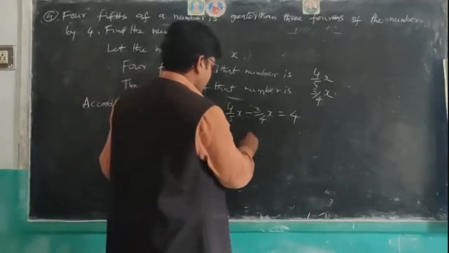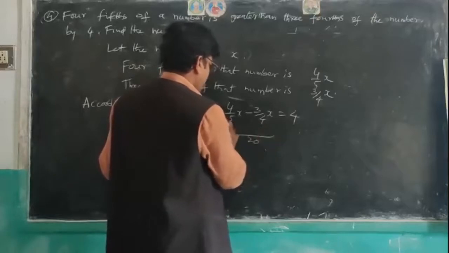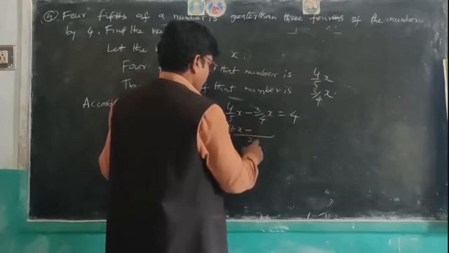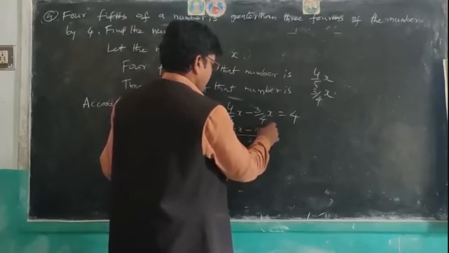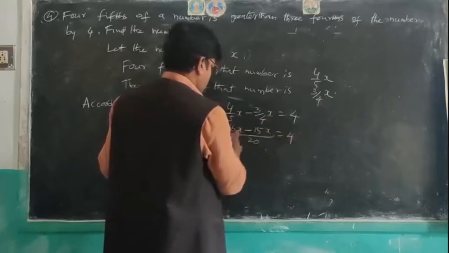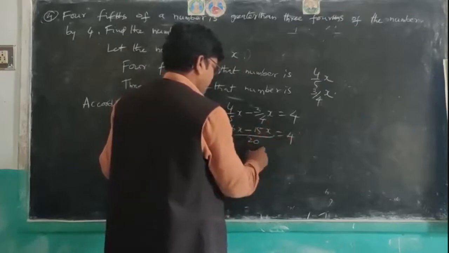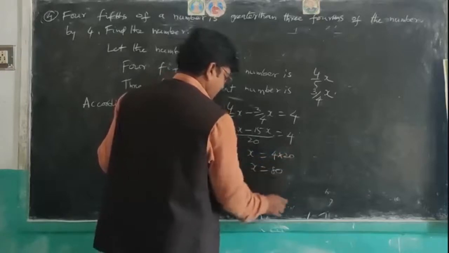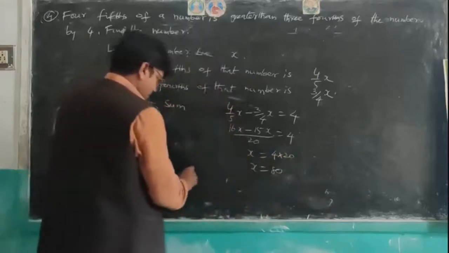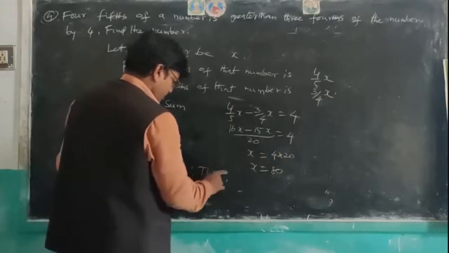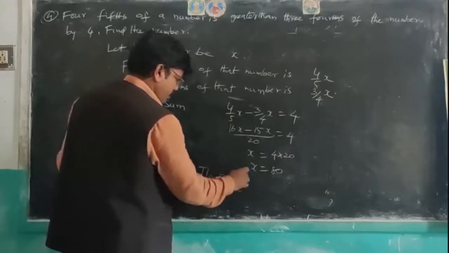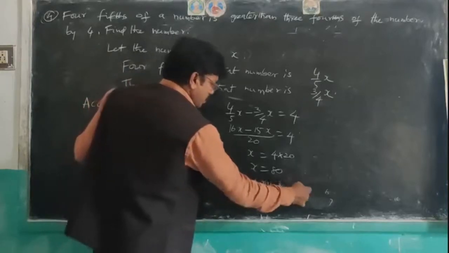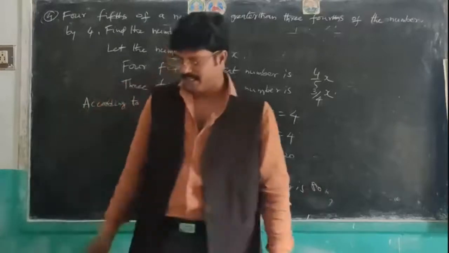Let's take the LCM, 20. 4 4s are 16x, 5 3s are 15x. 16x minus 15x, x equals 4 into 20. x equals 80. Therefore, the required number is 80.